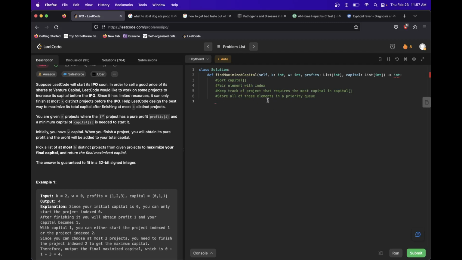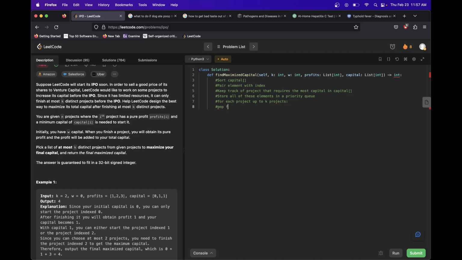So we want to store all these elements in here. We want to store all the available profits to us, and then for each project up to k projects, we want to do two things.